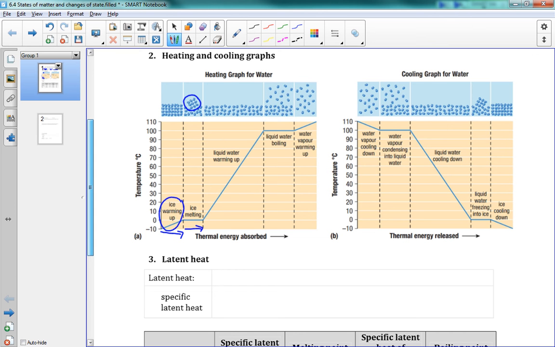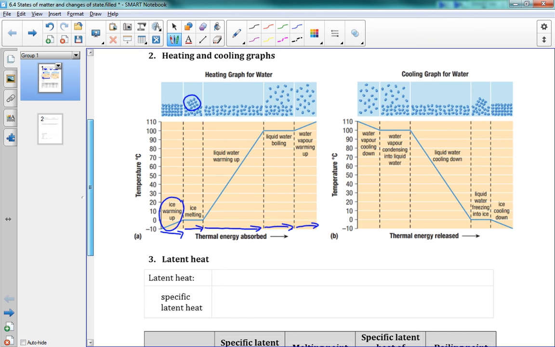Okay, then we have another region here where we're heating it up, and that's going straight into temperature. That's all we're doing, we're just increasing its temperature. And then we have another period here where the temperature doesn't change and we're just changing state again. So we pump in more energy and it's just to change the state. And then at the end here, again, we have temperature increasing once it's at a gas. So that's what this looks like.